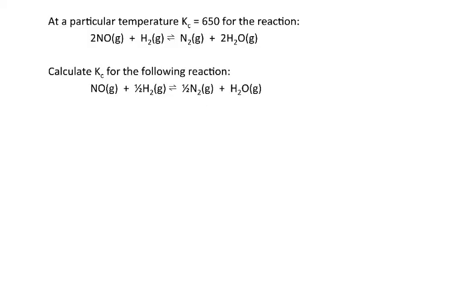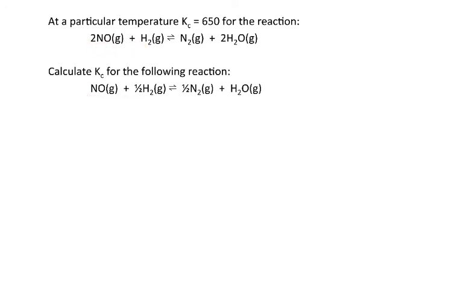All right, so we're given this chemical reaction and we're given its equilibrium constant. And so now I have a new reaction and I want to know what is its equilibrium constant. We can see the difference between the two reactions is that in this new reaction, I've just multiplied the old reaction by 1/2.